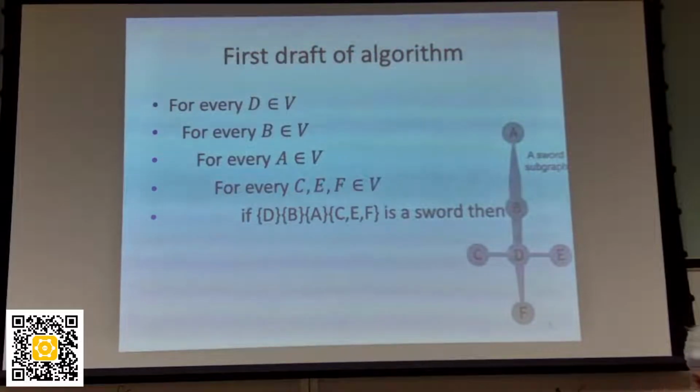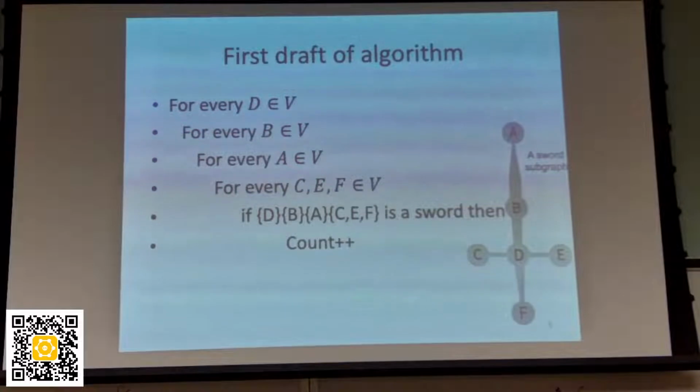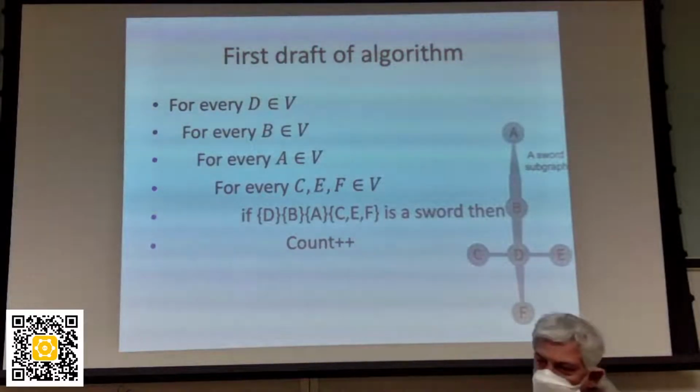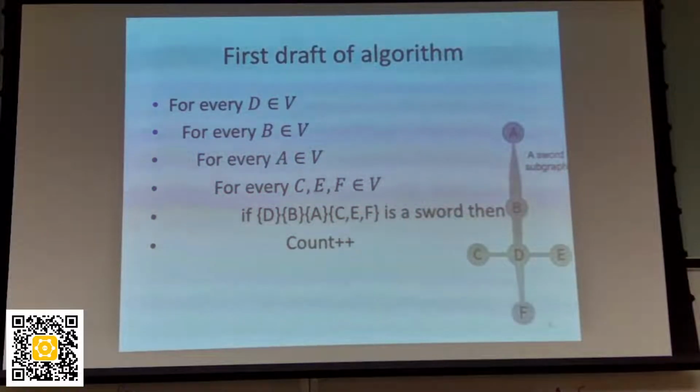Okay? If they do, I'll count it. I'll just keep some counter. Cool? This is the kind of silly algorithm you need to write down first for any of these weird search problems. That'll help you. Okay?